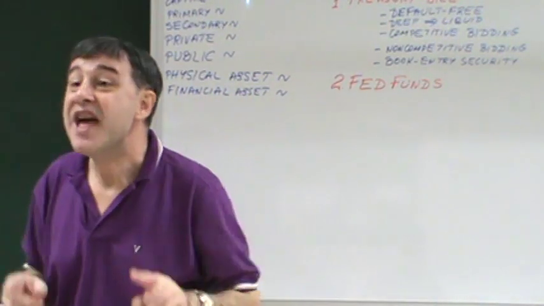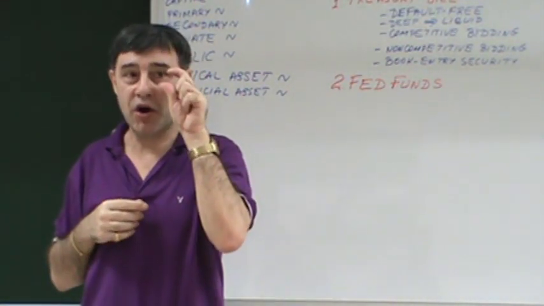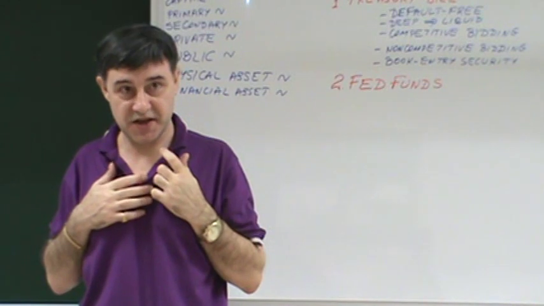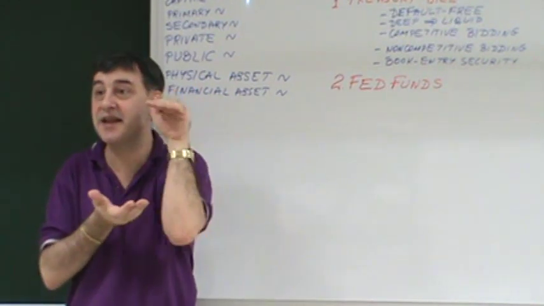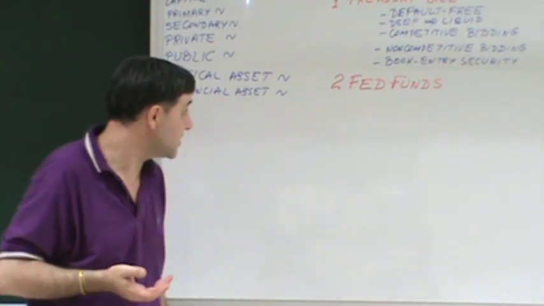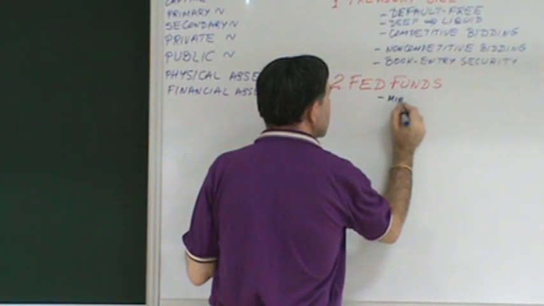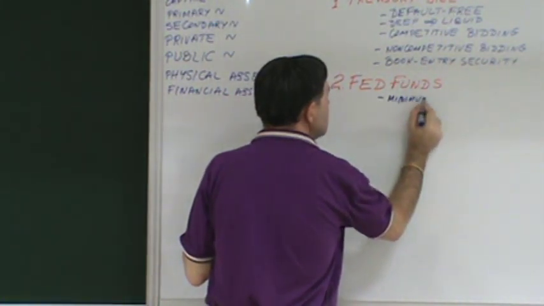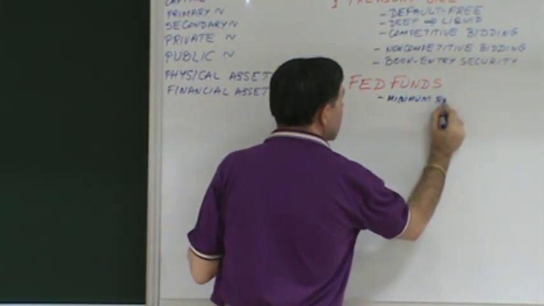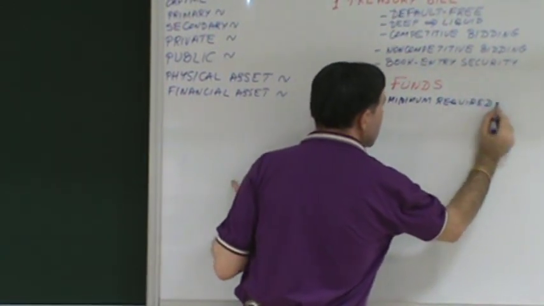Let's see what it is. Okay, if a commercial bank has more reserves than it needs, so at any given day they have a minimum required reserves. Let's write this down. Minimum required reserves.